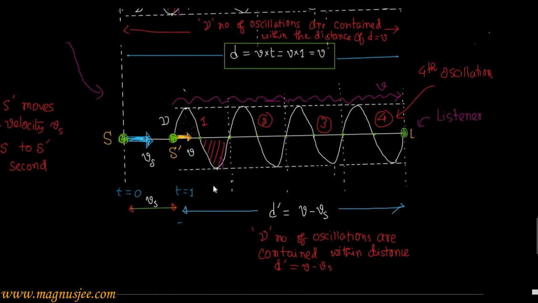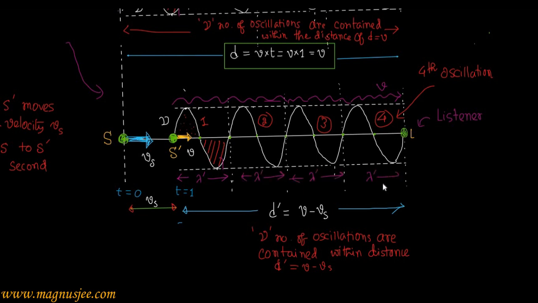Now we can denote the apparent wavelength of the sound wave in the second case. Lambda prime is the apparent wavelength, which is the distance traveled by the sound wave in one complete oscillation. So here lambda prime is the distance d prime divided by frequency nu.